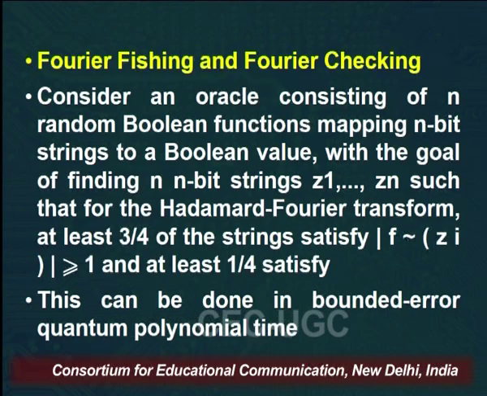Consider an oracle consisting of n random boolean functions mapping n-bit strings to boolean values, with the goal of finding an n-bit string z1 to zn such that the Hadamard-transformed Fourier transform has a value for at least 3/4 of strings satisfying the particular equation and at least 1/4 satisfying the other.